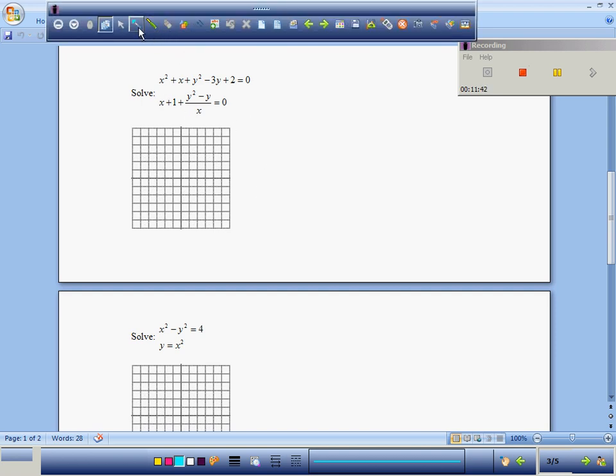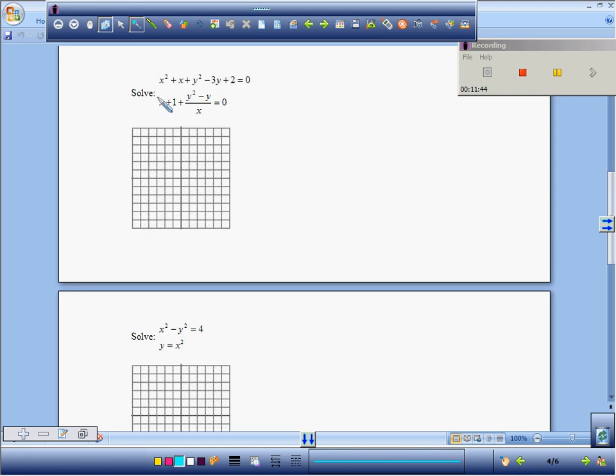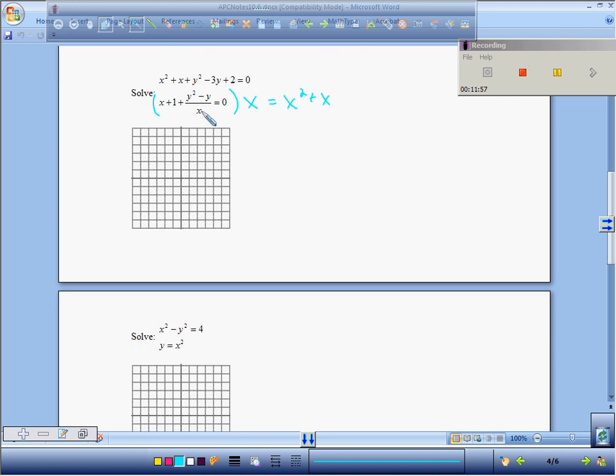Yes, very good, Nick. Nick said, first thing you want to do is get rid of this x on the bottom by multiplying everything by x. So you got to be careful with that. So over here, this equation becomes x squared plus x, and I think this is an ellipse. I multiply this by x, this by x.